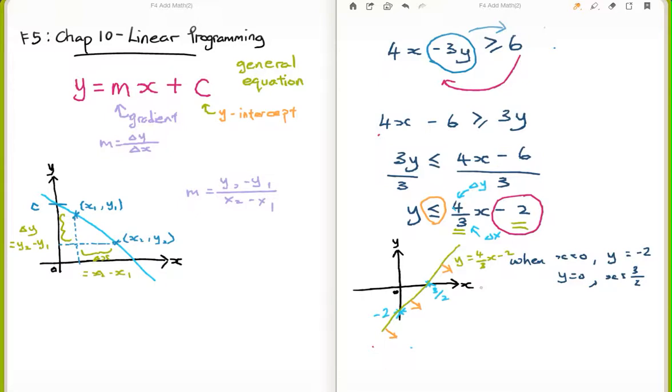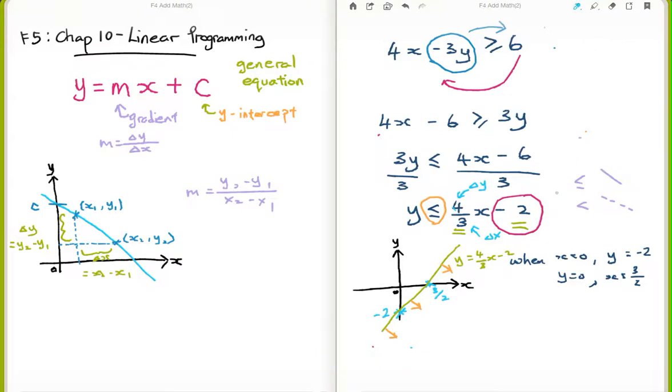When you have more points later, it's easier to identify which region. But for now, just make an arrow downwards. So solid line is for less than or equal to. If just less than, that will be a dotted line. That's the difference between the two.